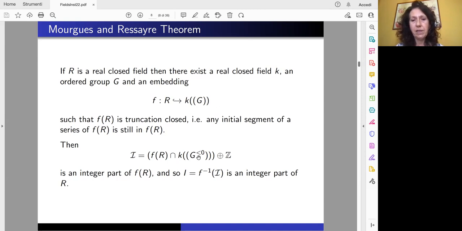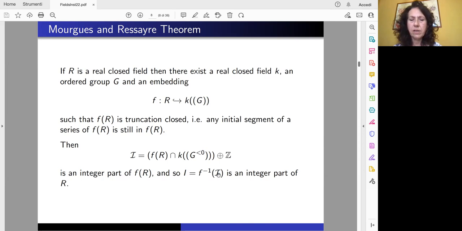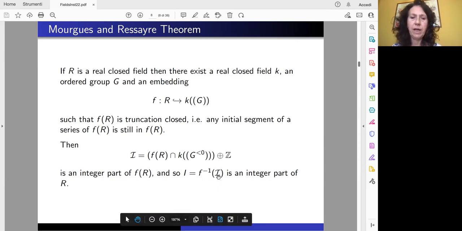We take the elements of negative valuation which are in the image of R via F, complemented with Z, so this is on the level of the additive structure, and then this is an integer part of the image of R via F in the power series. And if we take the counter image of curly I, we get the integer part of R. This is a fundamental result that they proved, which was necessary also for what was recalled by Berarducci yesterday.